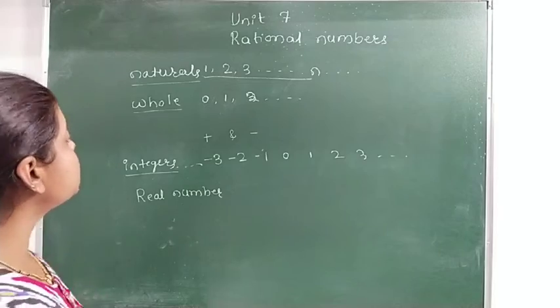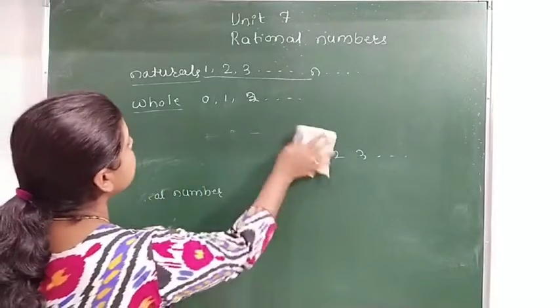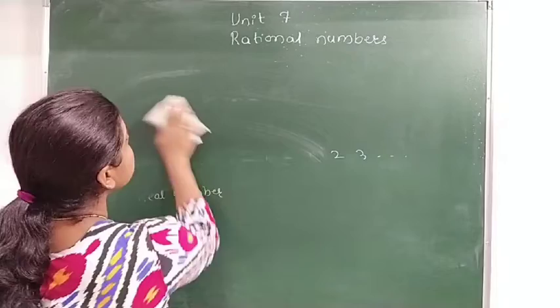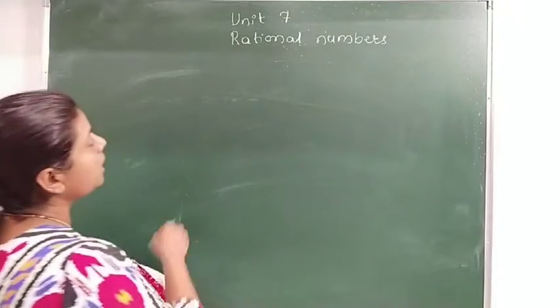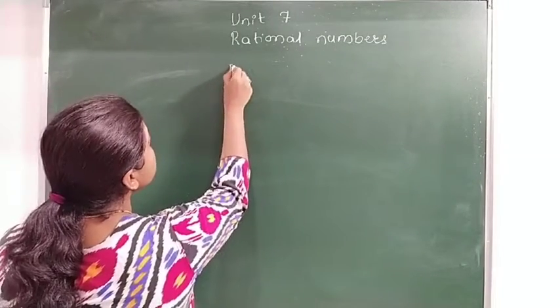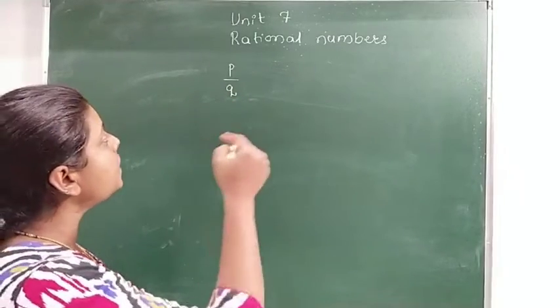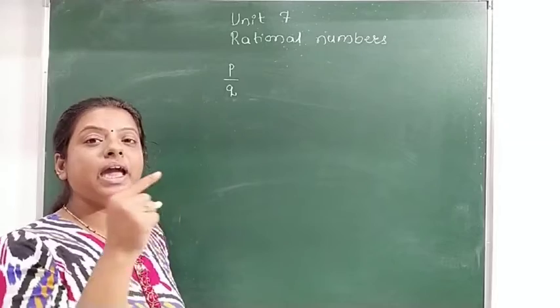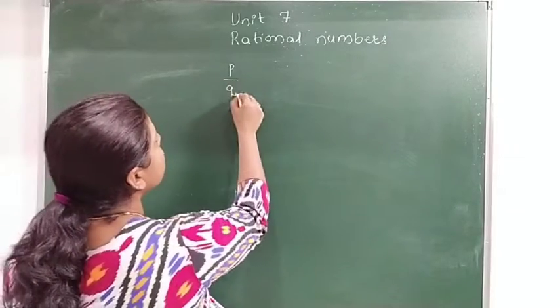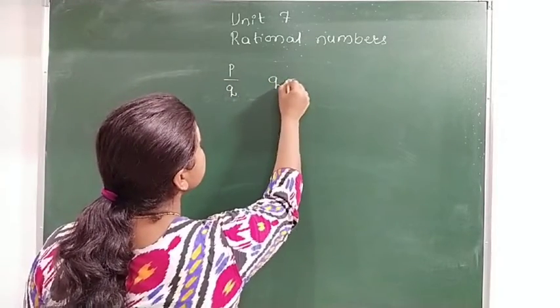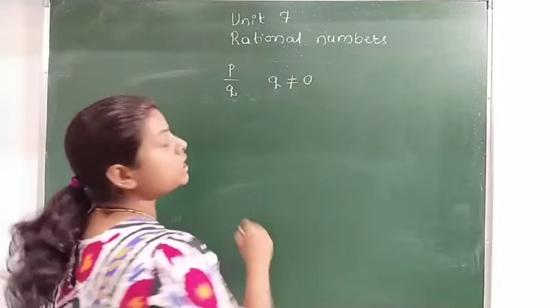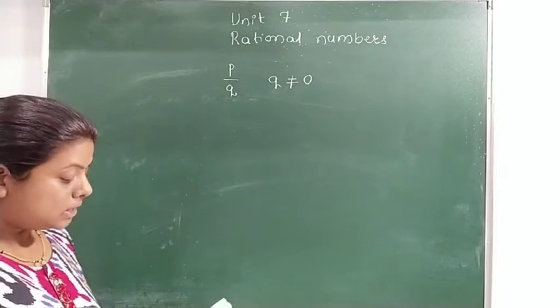Unit 7 is nothing but we have to see about rational numbers. Rational numbers we have to indicate in terms of P by Q, and the condition which must be satisfied is Q is not equal to 0.